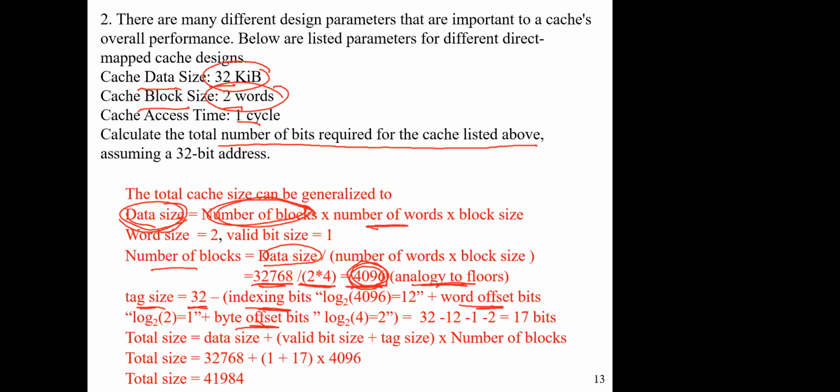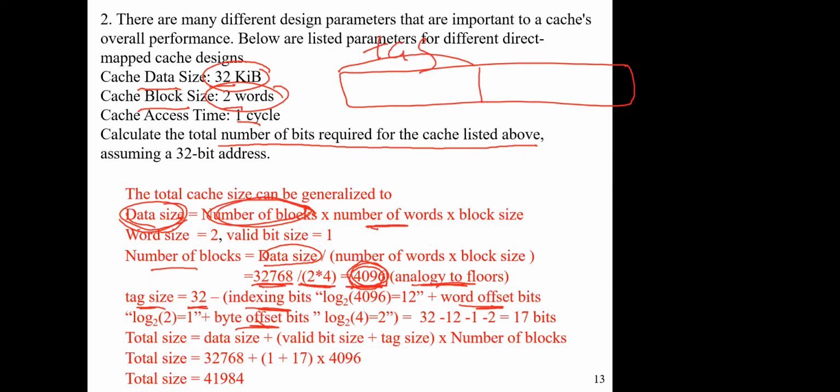So if you were to design this, the tag will be 32 minus index, minus word offset, minus byte offset.